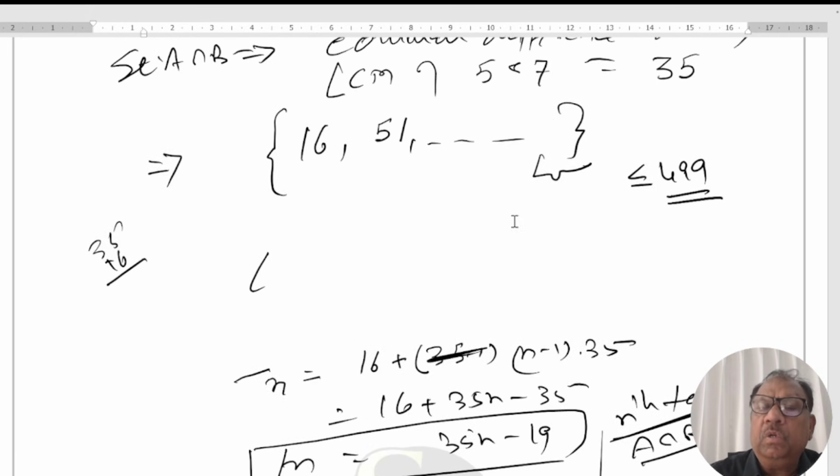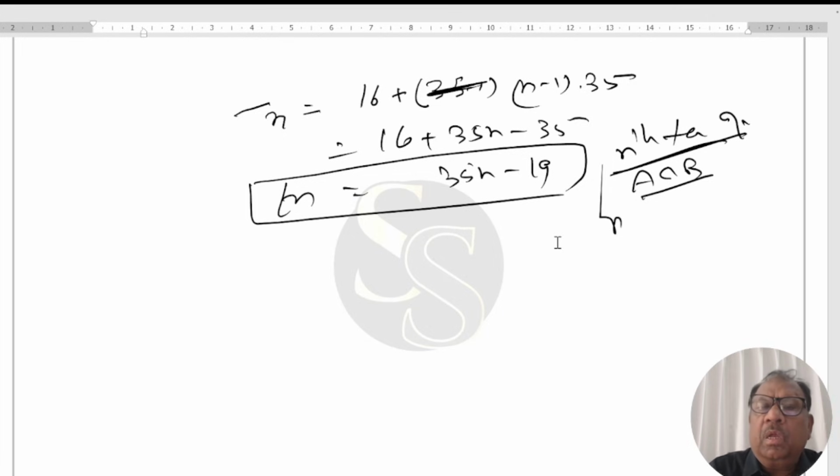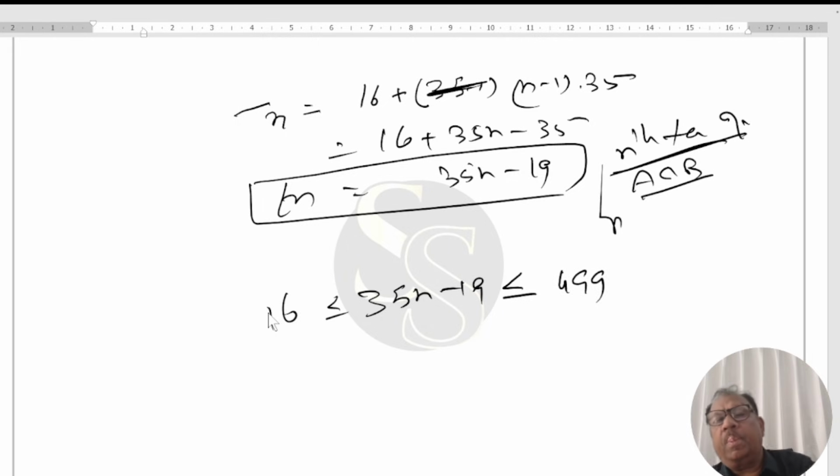Now, according to the question, in A intersection B, 35n minus 19 should be less than or equal to 499 and greater than or equal to 16.